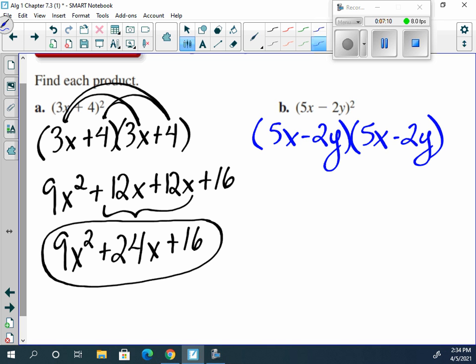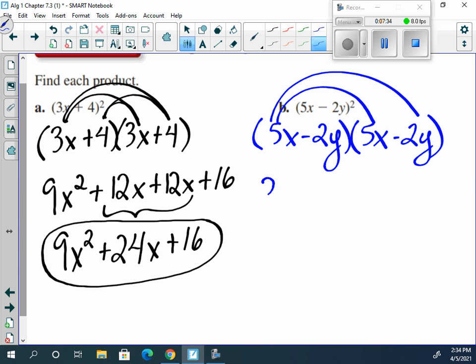Okay, this is a little bit different because how many variables do we have now? 2. It doesn't make any difference, but it seems like it should, but our steps won't change. Because we're still going to distribute out. 5x times 5x. Well, 5 times 5 is 25, yes?